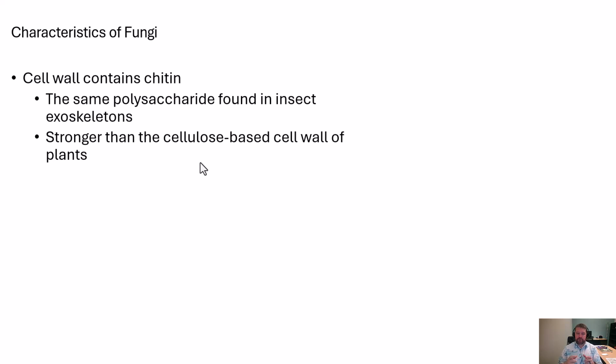But chitin, first of all, has different bonds, but it tends to be a little more flexible, and so it might be stronger than cellulose, but it's less rigid than cellulose. So it has this flexibility, especially when it's first excreted.